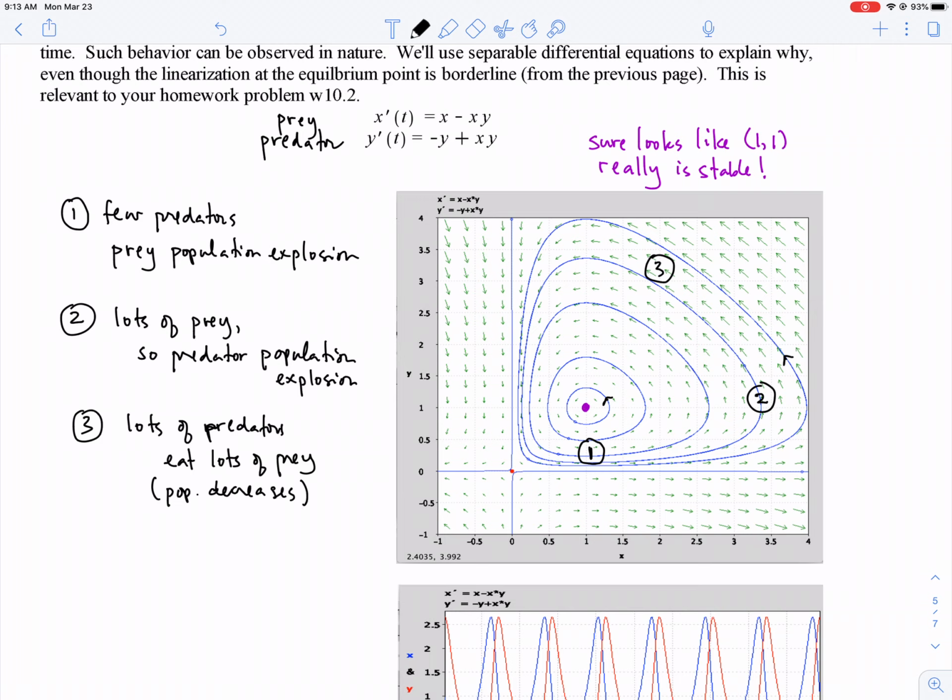And then finally, the predators eat so many prey that there's almost no prey left. So, horizontal is prey, vertical is predator. Now there's a population crash of the predators because there's no prey to eat.